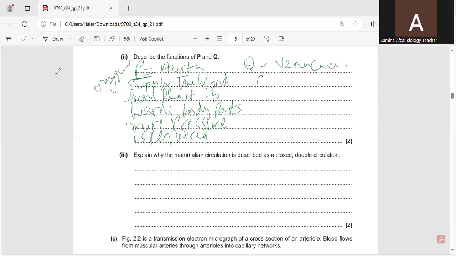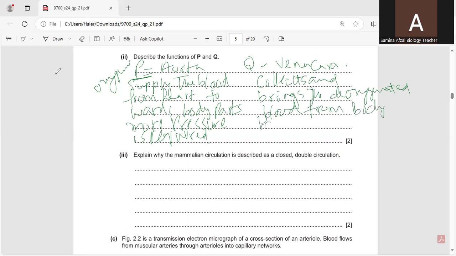Whereas the vena cava collects and brings the deoxygenated blood from body parts and brings it to the heart.